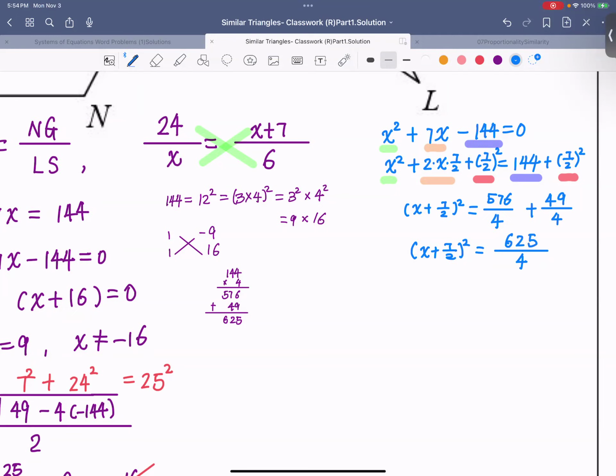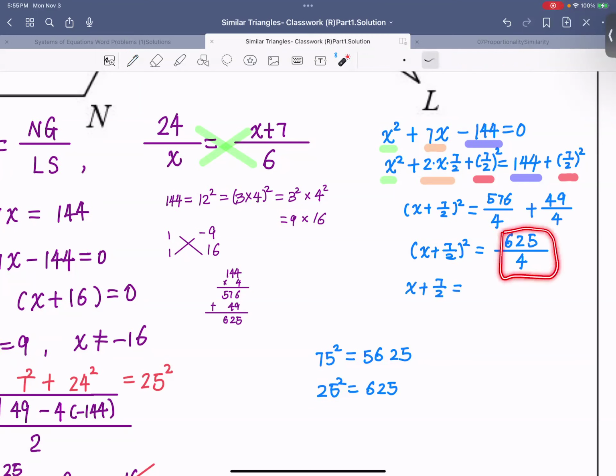And did I teach you guys this trick? 75 squared, 7 by 8 is 56, so this is 5625. 25 squared, 2 by 3 is 6, so this is 625. So x plus 7 over 2 equals what? 25 over 2.